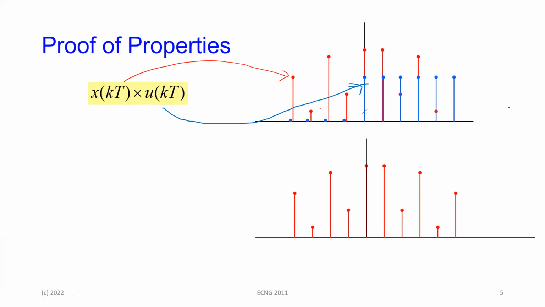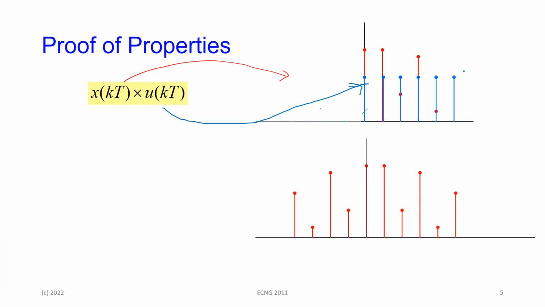If I multiply any signal by a unit step, as somebody correctly said, it makes it causal. So by multiplying the two, x(kT) u(kT) is just these values that I have here.